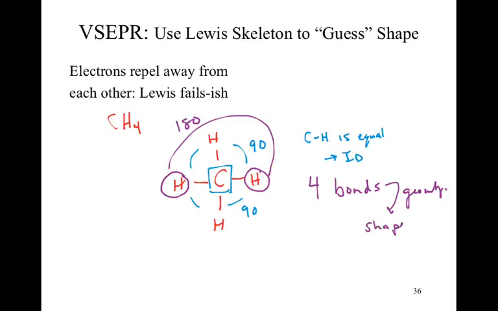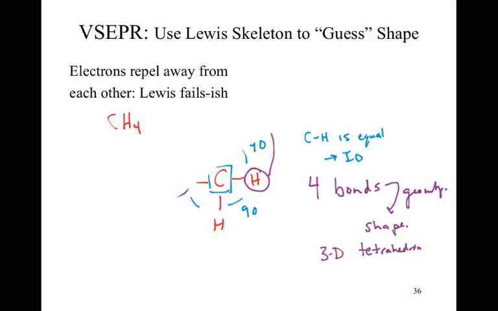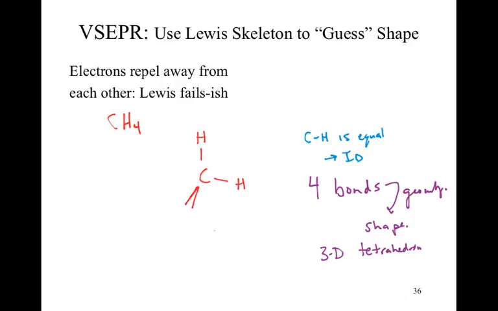The shape that we would necessarily encounter in this case is unfortunately three-dimensional, a shape referred to as a tetrahedron. This is not easy to draw, which makes things a bit more challenging, but we at least attempt to do it, and we modify our structure to show our hydrogens, those being in the same plane, and then we've got a hydrogen coming out at you and a hydrogen going away.